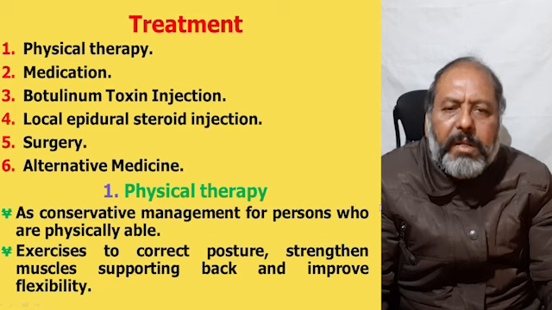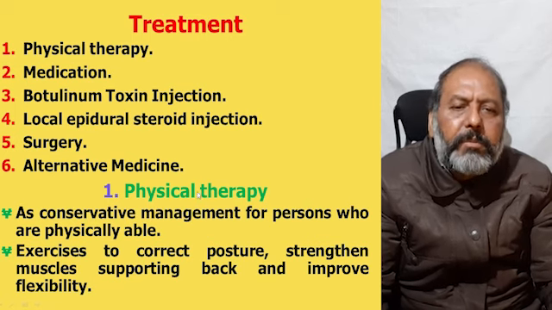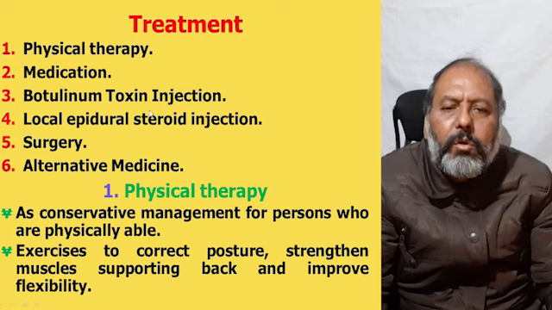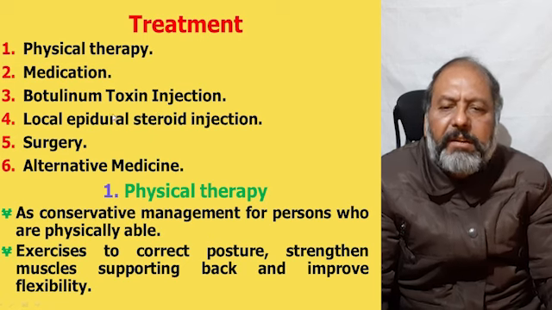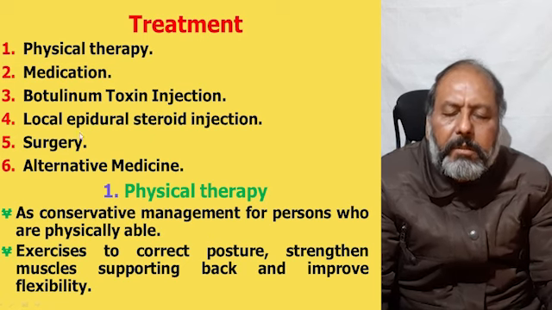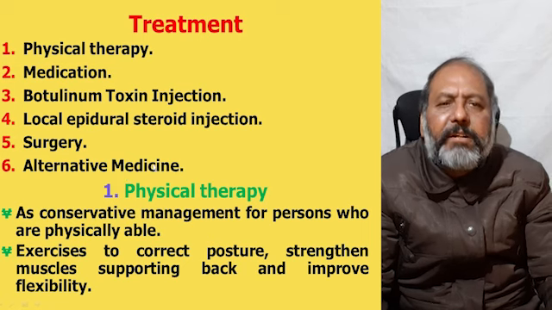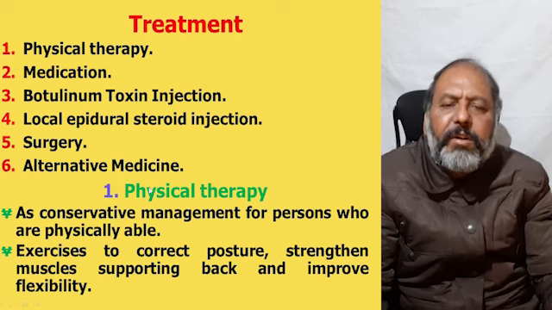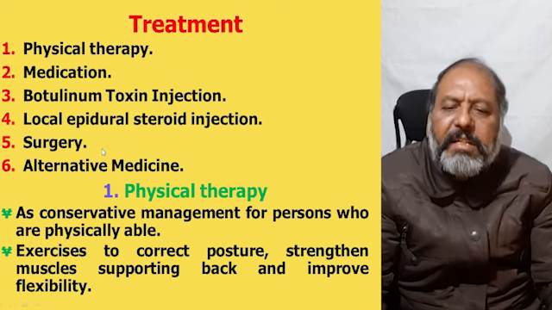That is, number 1, physical therapy, number 2, medication, number 3, botulinum toxin injection, number 4, local epidural steroid injection, and number 5, surgery and alternative medicine. Number 1, first we are going for physical therapy.